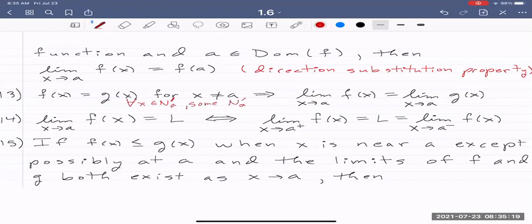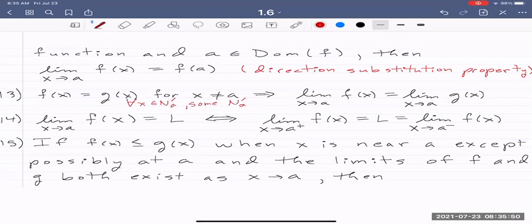So if f of x is equal to g of x for some deleted neighborhood of a, then the limit as x approaches a of f of x is equal to the limit as x approaches a of g of x. Since in the definition of limit, we only looked at deleted neighborhoods of a, then if they're the same, then the limit must be the same.